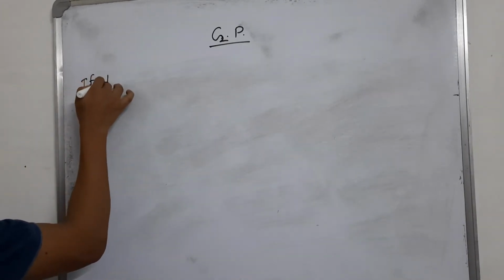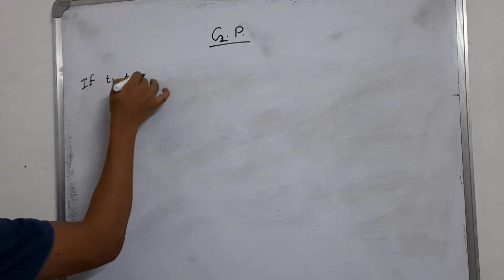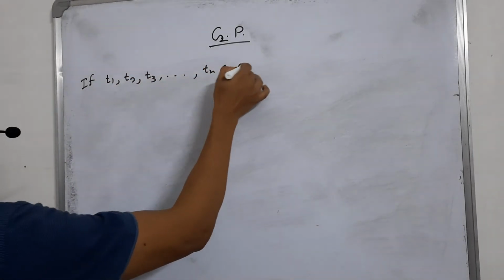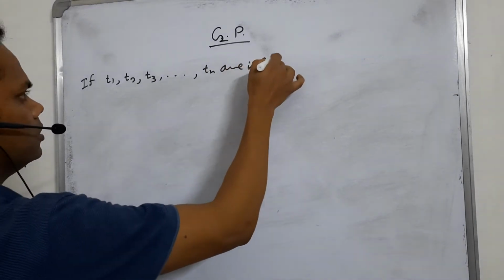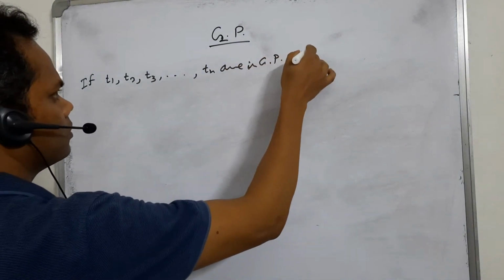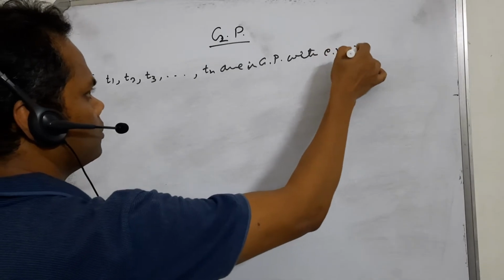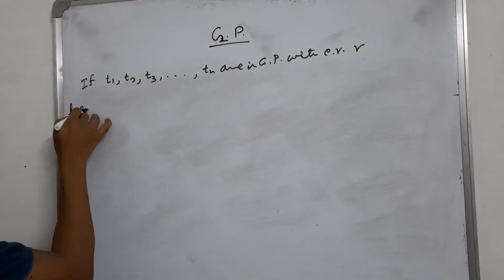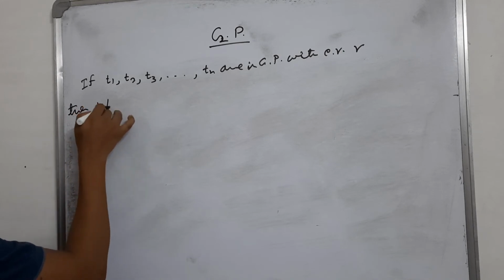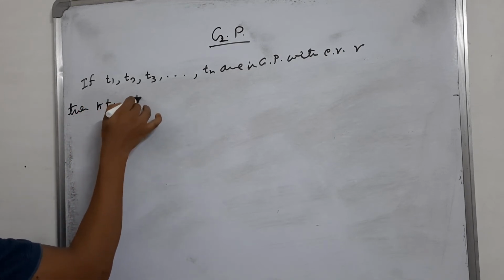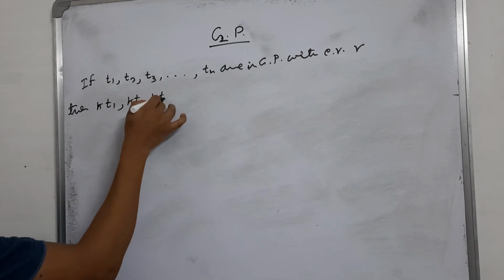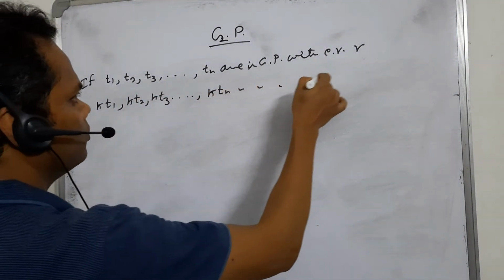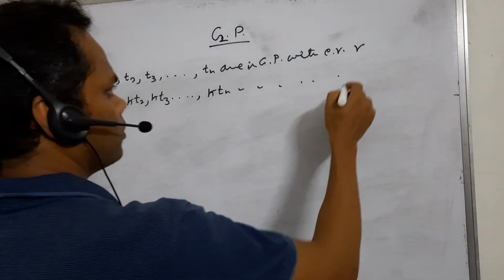If T1, T2, T3 dot dot Tn are in GP with common ratio r, then k into T1, k into T2, k into T3 dot dot k into Tn are in GP with common ratio r.